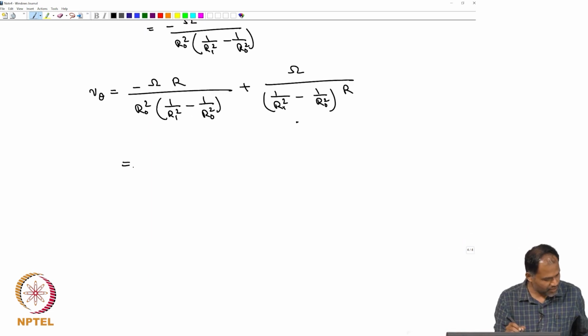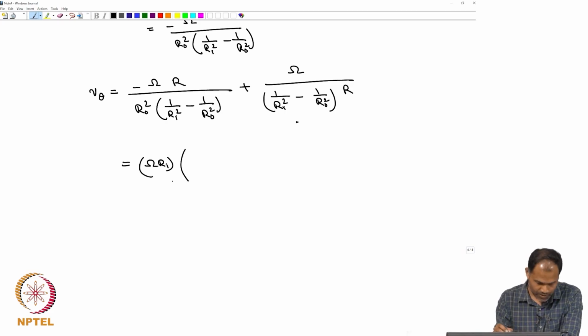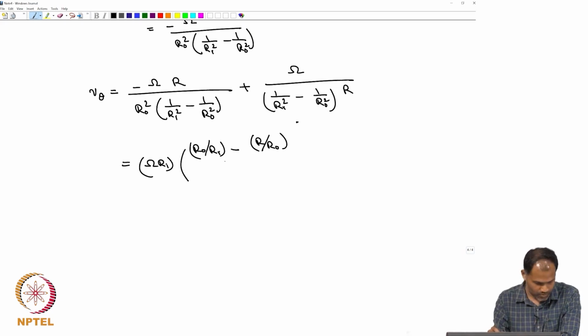You can do it yourself, and a nicer way to represent it would be omega times Ri into Ro by Ri minus R by Ro, by Ro by Ri minus Ri by Ro.